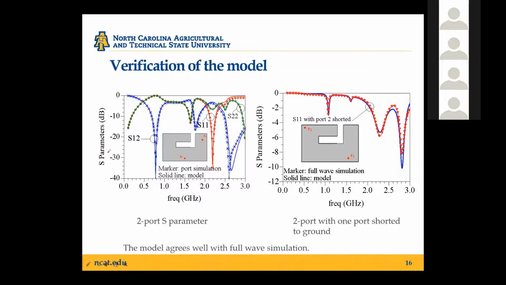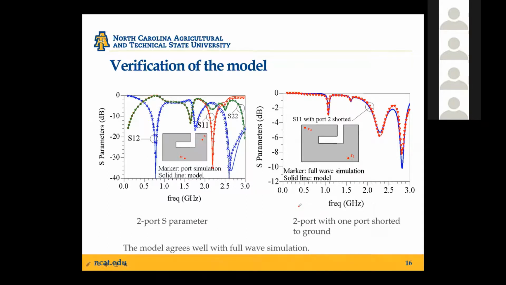As a verification of the model, on the left, I showed you a pretty random patch antenna and arbitrary 2 ports. Using the circuit model, I modeled the 2-port S parameters and compared with the simulation, which are the marked lines. And we see pretty good agreement over a very wide bandwidth. On the right, it's the same patch antenna.